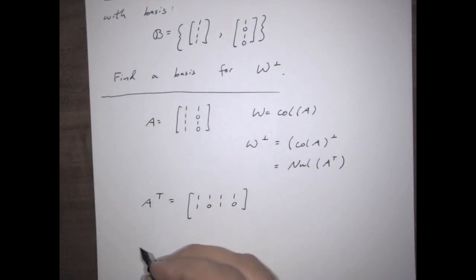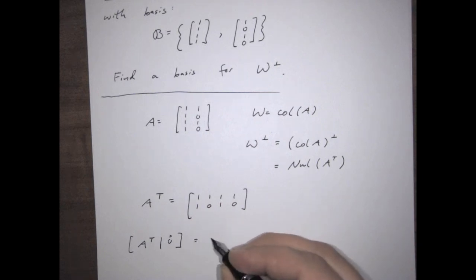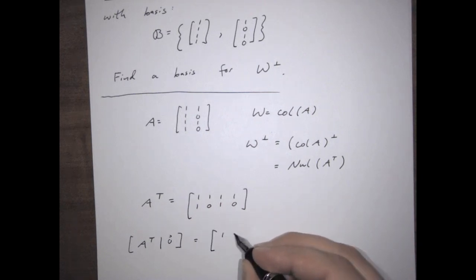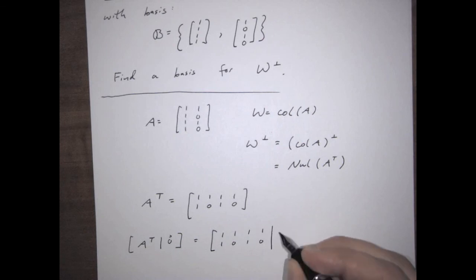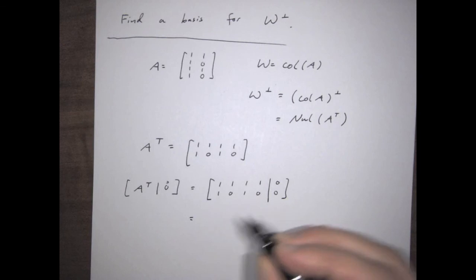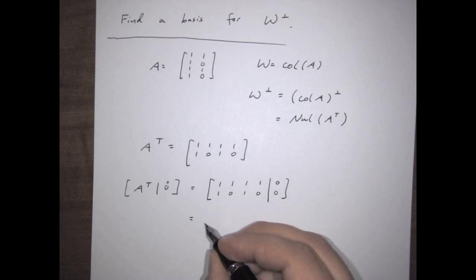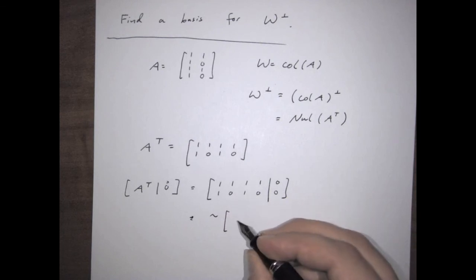What we'll do is take A transpose and augment the 0 column on it, as that is the usual procedure for finding a null space. Because after all, null space is exactly the set of solutions to this homogeneous augmented system. And then we would just row reduce this and get what we get.